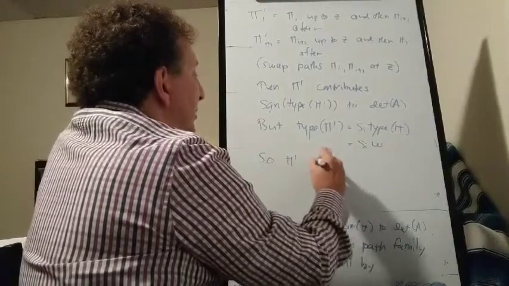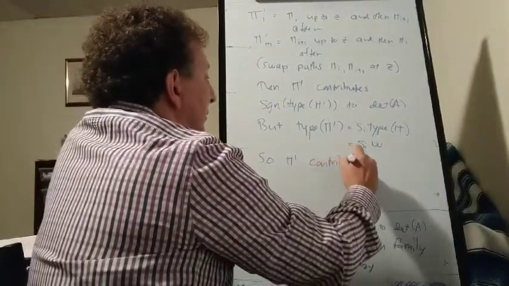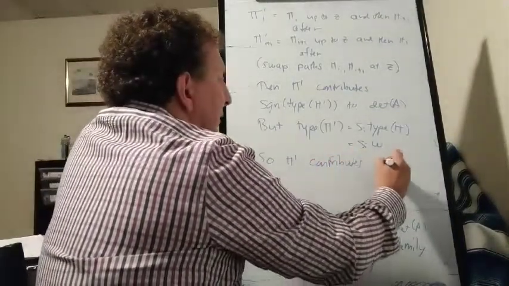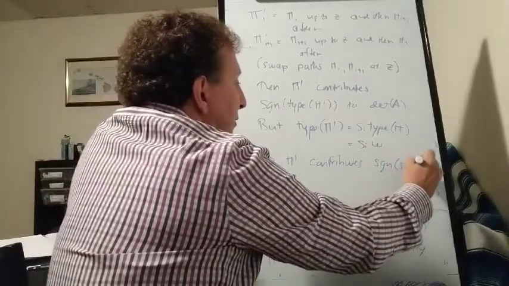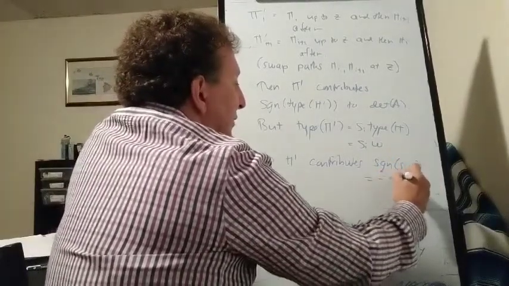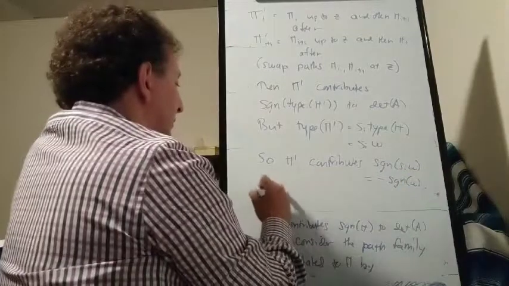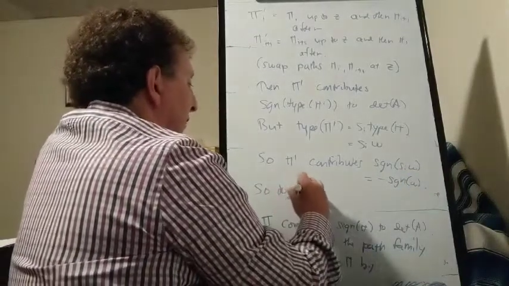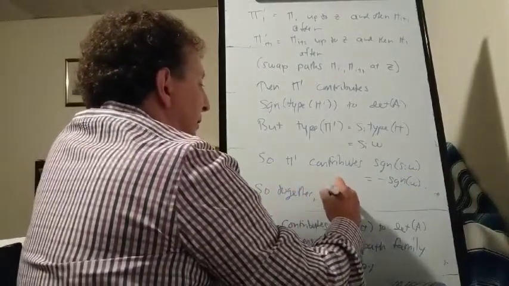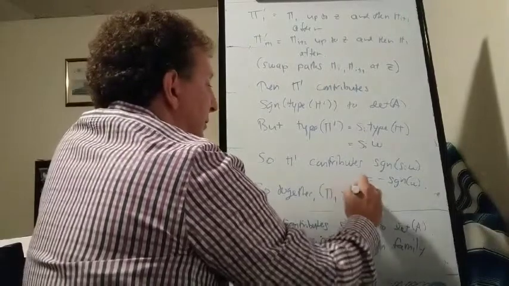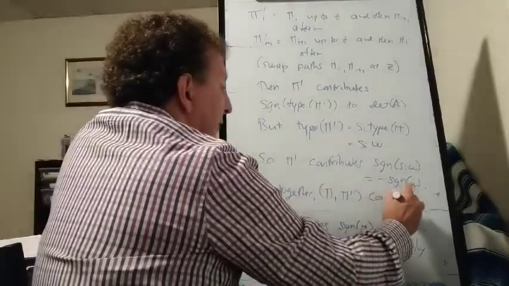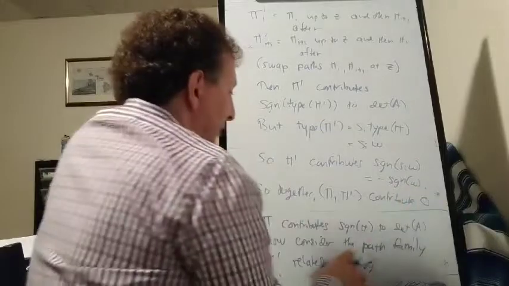So pi prime contributes sign of W, which is negative sign of W. So together, pi and pi prime contribute 0 to the determinant.